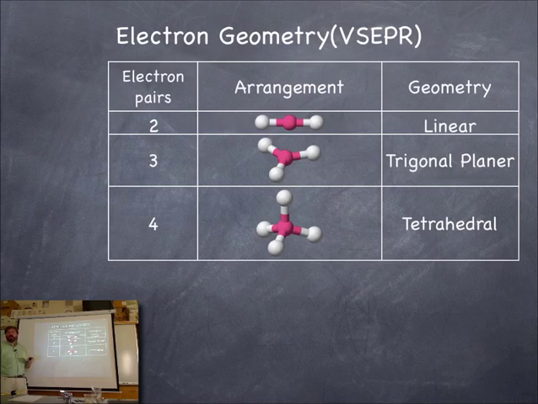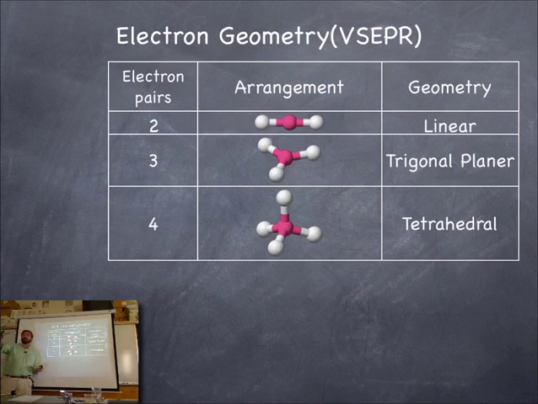Yes, the rest are, well, it's a little more complex than this first pass. This is the way that the electrons will be arranged. When we start to talk about molecules, we only look at the bonds. But the lone pairs change the shape and are important, but we name them based on the bonds. So some of the molecules will be planar because of the way the lone pairs are arranged.